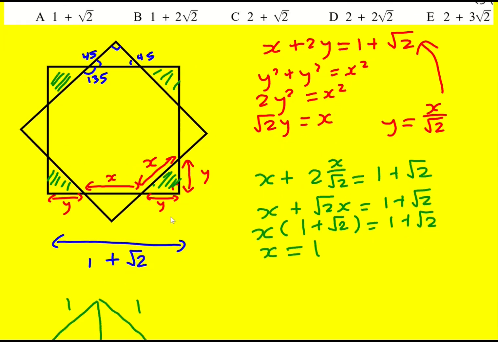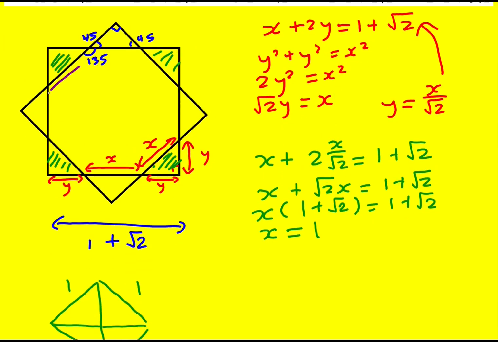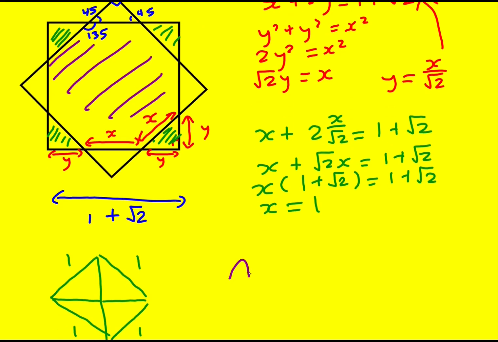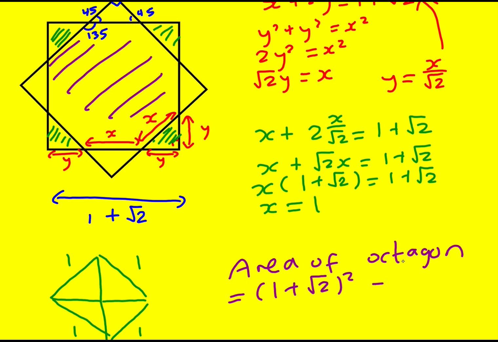And therefore, if I want the area of the octagon, this purple area, it is going to be 1 plus root 2 squared minus that green area, 1. So expand the double bracket.